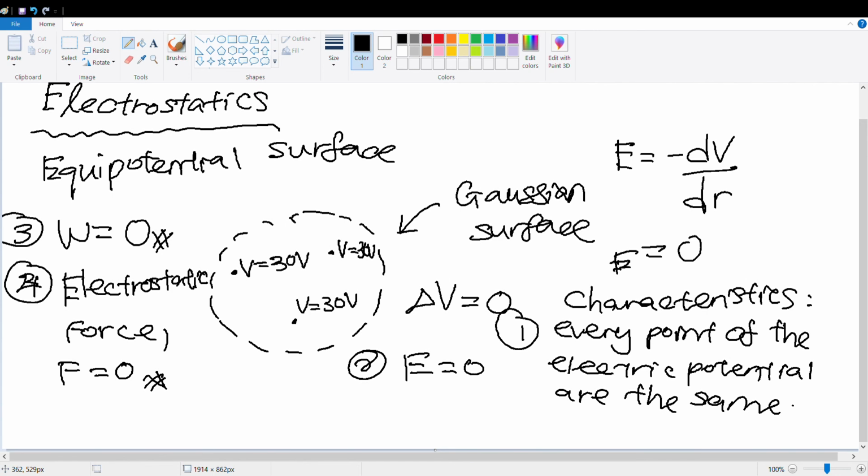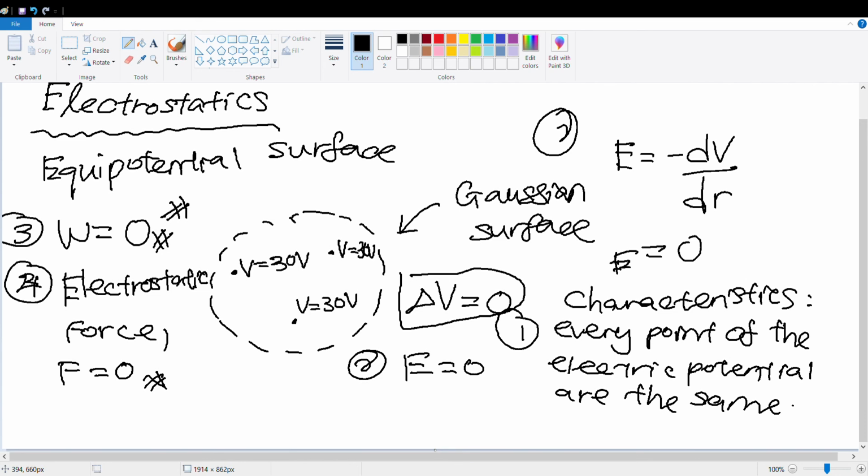Since the body is an equipotential, where the electric potential at every point in this region is equal, the potential difference is 0, hence the electric field strength is 0. The electric field strength being 0 causes the work done to be 0. So no work done, hence the electrostatic force in this region is also 0.